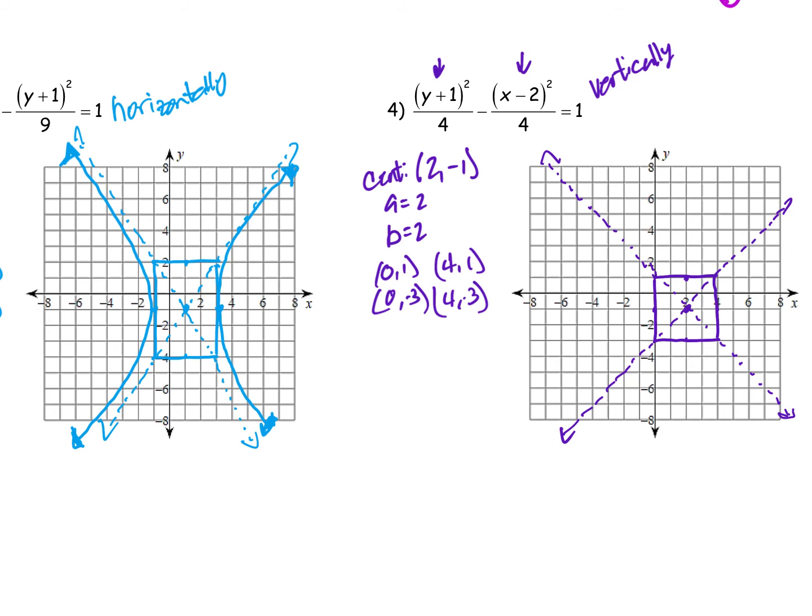Okay, and then it's opening vertically, so it's going to touch here and here. Oh, okay, that wasn't a very good curve. Neither was that one, but you guys get the point, right? Questions?